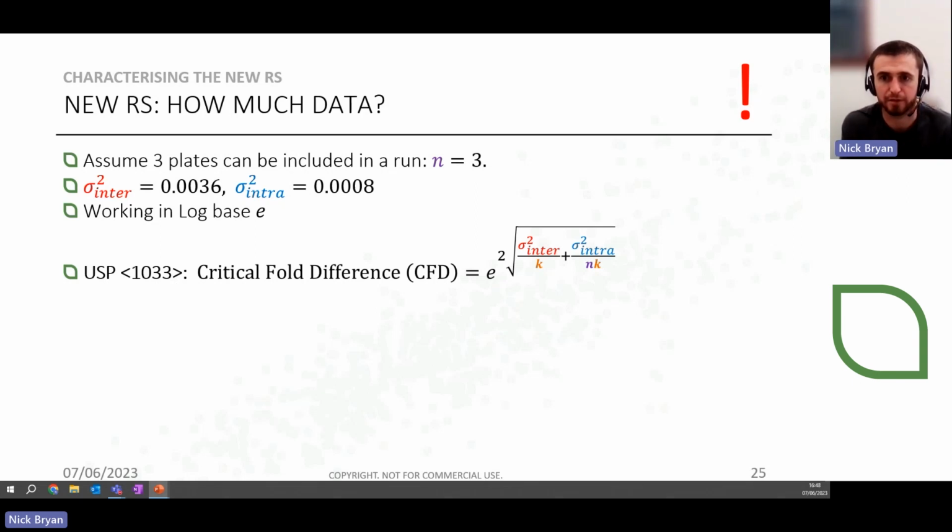We can think of this critical fold difference as essentially the half width of the 95% confidence interval of an estimate of our log relative potency. The critical fold difference between reportable values for 2 samples that are tested in the same runs of the bioassay is given by this formula for k runs with n plates, where n is going to be 3.